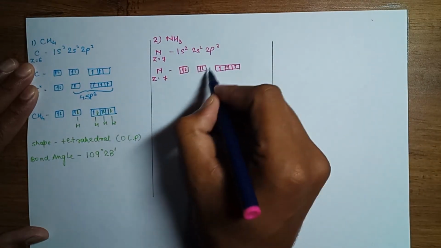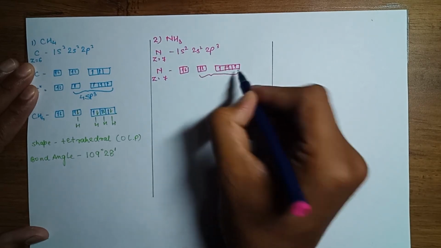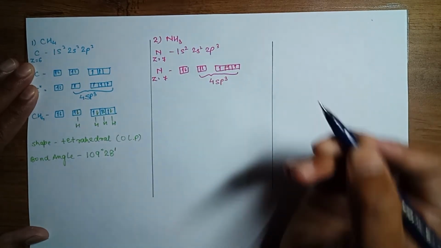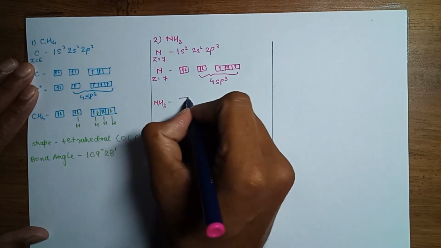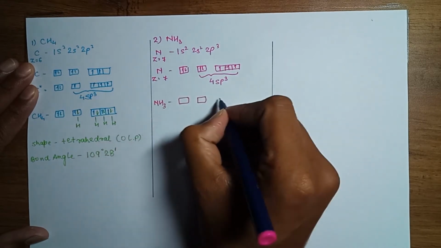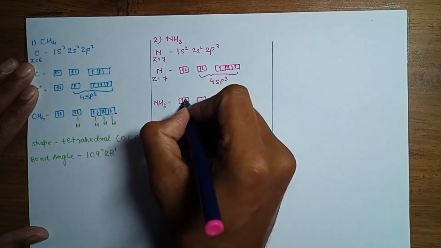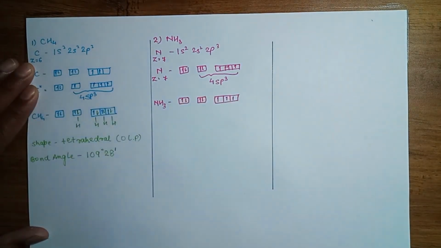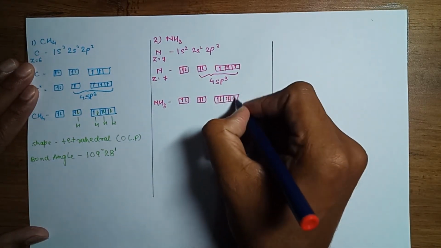So here the 2s orbital and 3 p orbitals will overlap or combine to give 4 sp3 hybrid orbitals. So the structure of NH3 will be: one hybrid orbital holds two electrons, and the other three have one electron each, bonding with hydrogen, hydrogen, hydrogen.